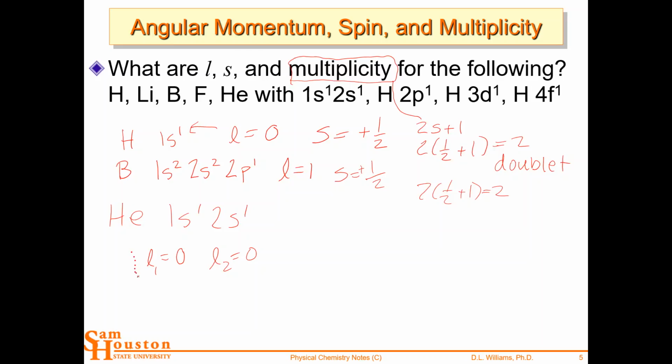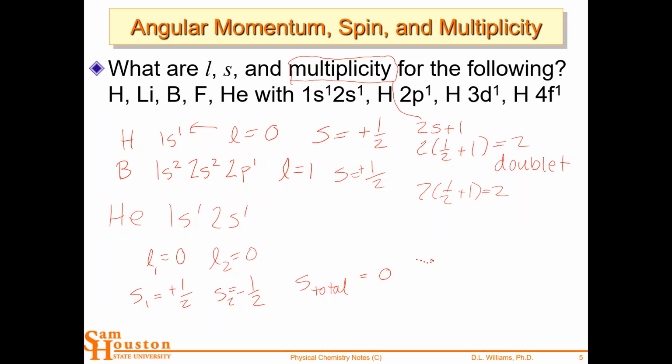And so then what's the spin for S1? S1 is equal to plus 1/2. Like I said, we'll assume that they're both spin up at this point. Or no, I said spin up and spin down. So let's put S2 as minus 1/2. And so S total, in this case, is equal to 0. Right, because you got a plus 1/2 and a minus 1/2. You add them together and you get 0.